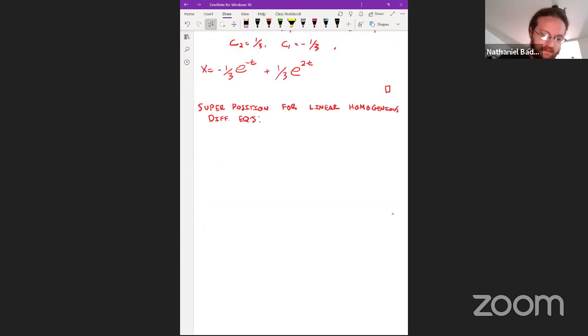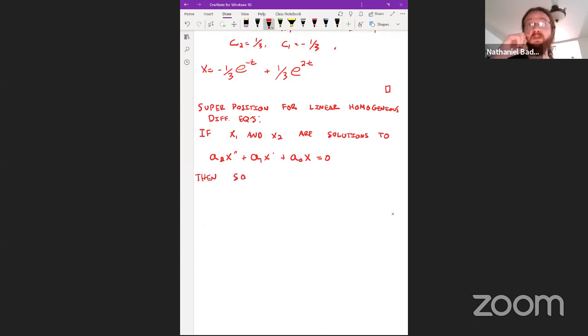So if x1 and x2 are solutions to an equation of the form a2 x double prime plus a1 x prime plus a0 x equals 0, then so is any linear combination.